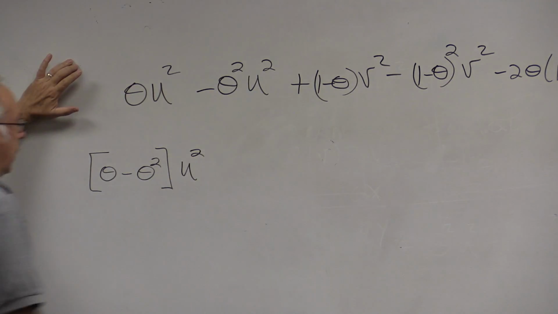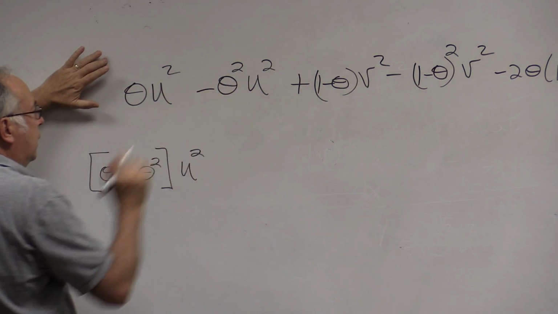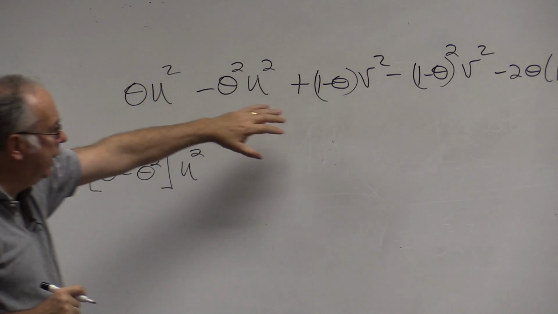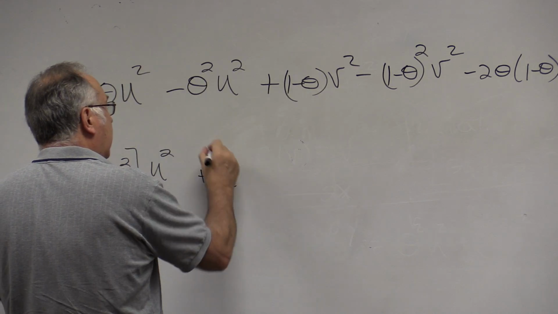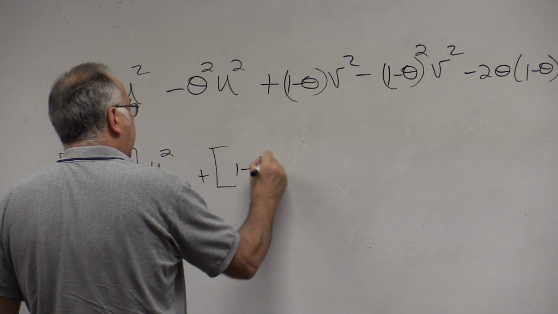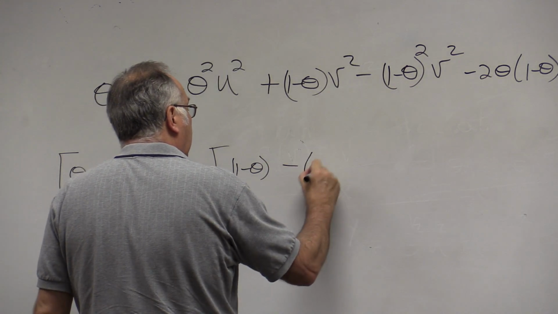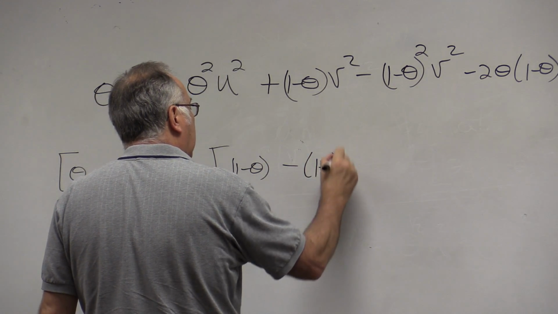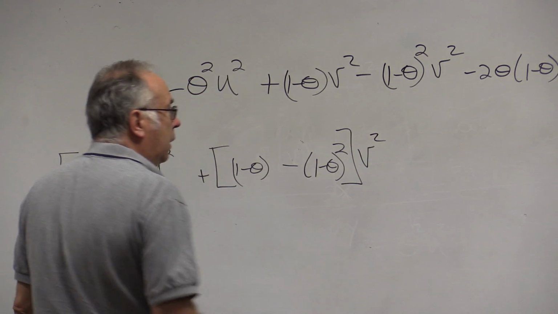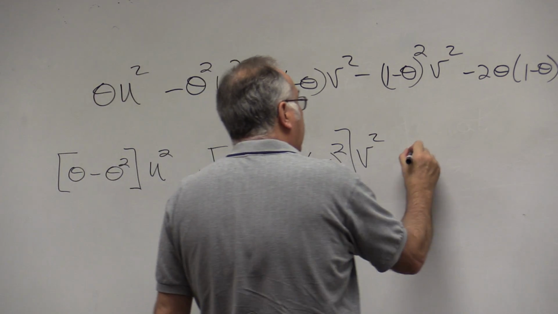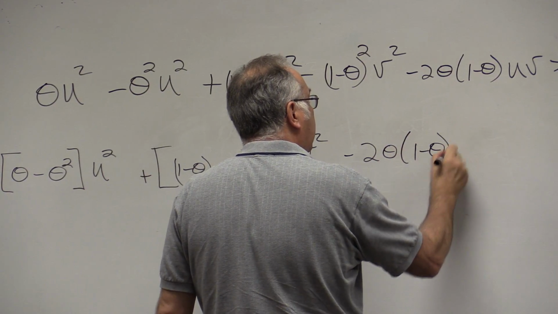So I just factored out the u squared. Do the same thing here, factor out the v squared. And so we can write this as 1 minus theta minus 1 minus theta squared, times v squared. Minus 2 theta, 1 minus theta, uv.